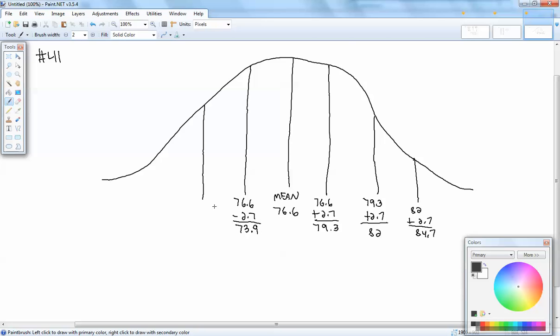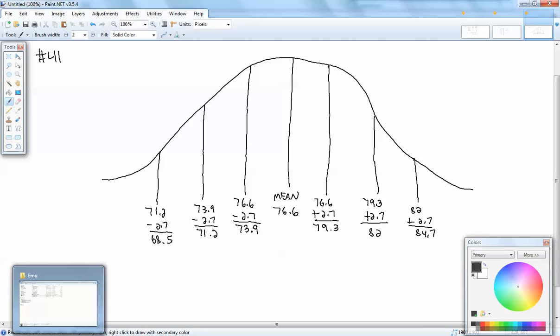And then here we're going to take that value, the 73.9, and we're going to subtract 2.7. We keep subtracting 2.7 on this side. And that's 71.2. And then one more. We take our 71.2 minus our 2.7. And 68.5, I believe.